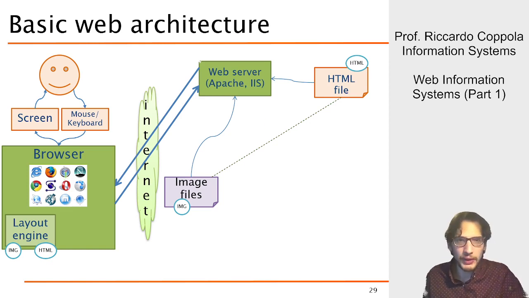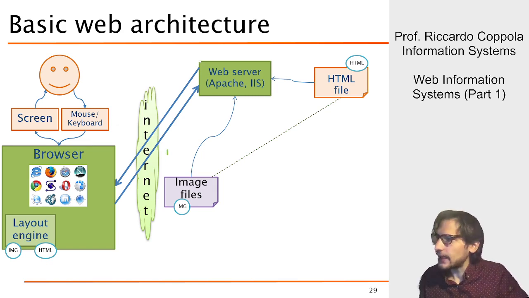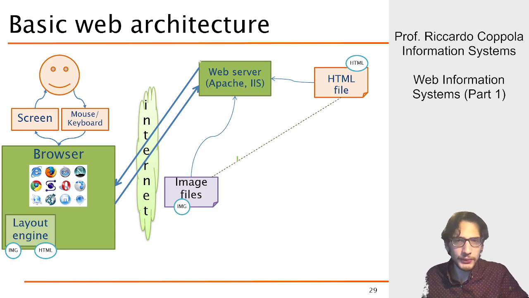Everything is kind of equivalent at this point. The browser has a simple role, which is taking a URL, contacting a web server and showing content by using the HTTP standard protocol.